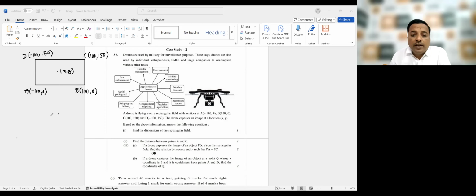Find the dimensions of the rectangular field. What do you mean by dimensions?